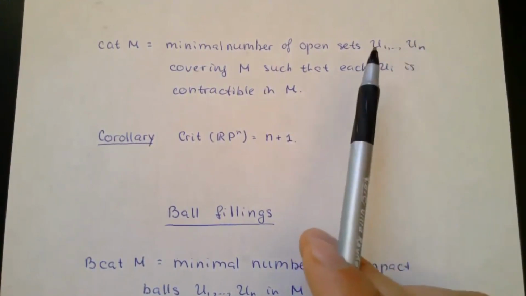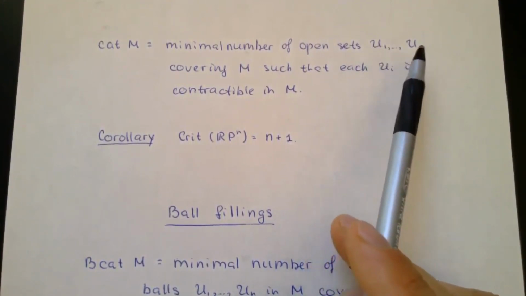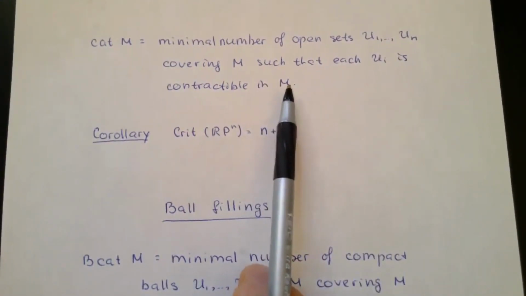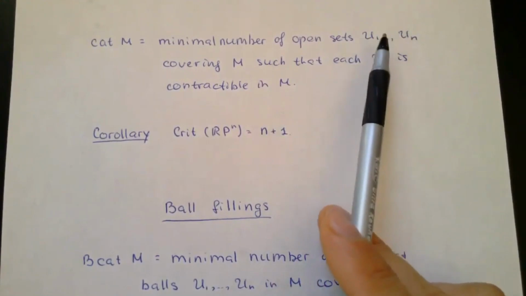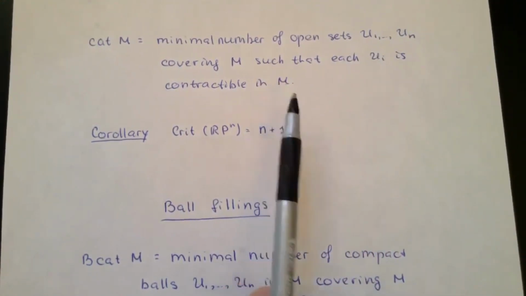These sets might be very complicated. They may have complicated homology groups. They may have non-trivial homotopy groups. However, I require that these sets are contractible in M. In other words, each of these sets can be deformed to a point on the manifold M.